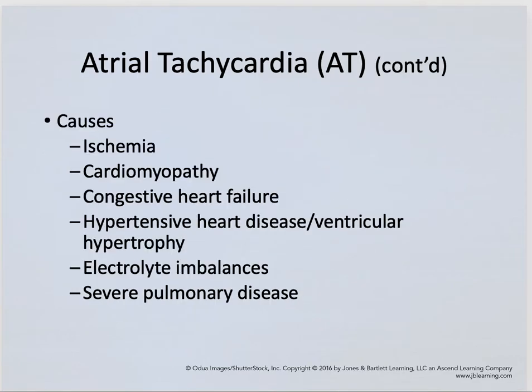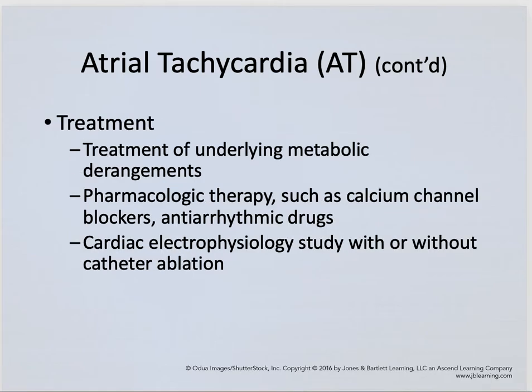tachy beats. Atrial tachycardia oftentimes comes on when people are ischemic, meaning lack of blood flow, or have cardiomyopathy, congestive heart failure, hypertensive heart disease, ventricular hypertrophy, electrolyte imbalances, or really severe pulmonary disease. The treatment for atrial tachycardia usually begins with looking at metabolic issues.